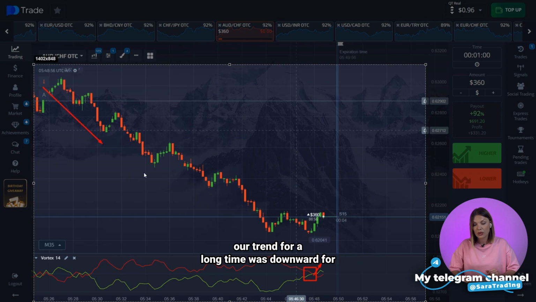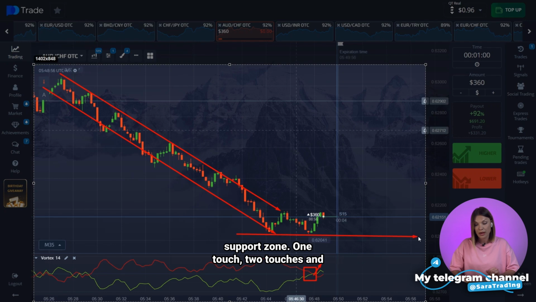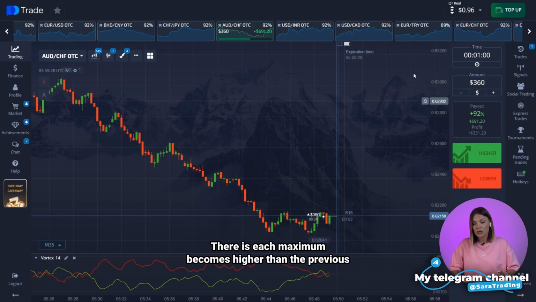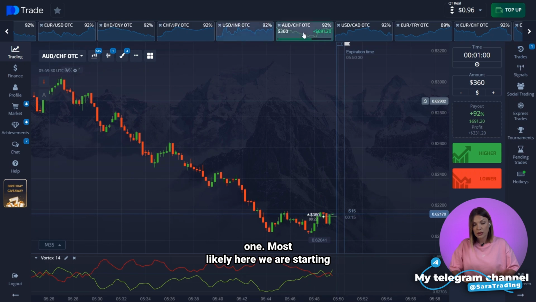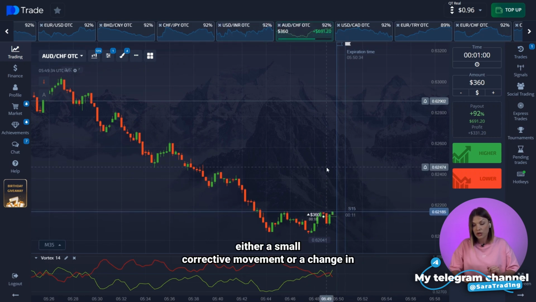Also, our trend for a long time was downward for this asset. This means that here the price has met a support zone. One touch, two touches, and also a new maximum, another new maximum, and again. That is, each maximum becomes higher than the previous one. Most likely here we are starting either a small corrective movement or a change in trend.